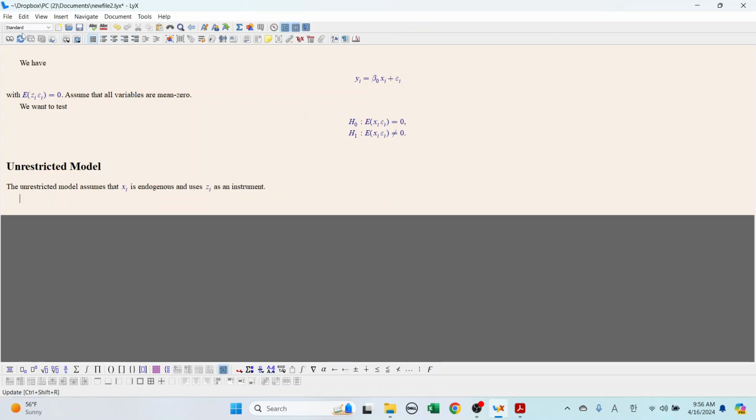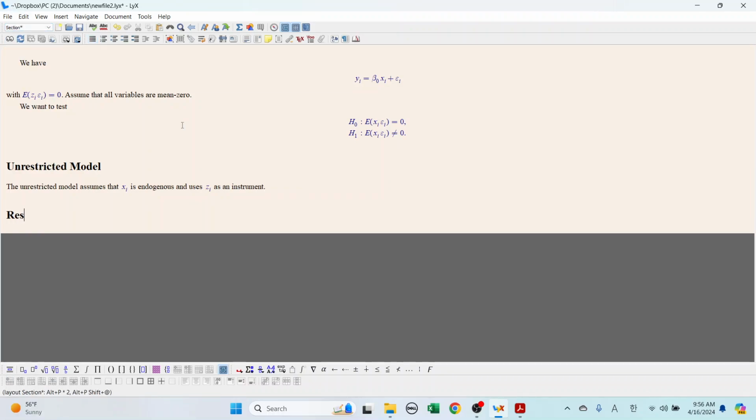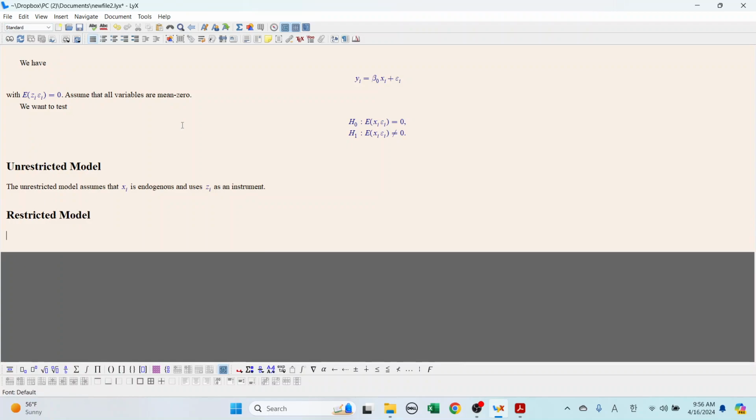In the restricted model, we take the null hypothesis as an assumption so that X is exogenous, and we do not need an instrument.